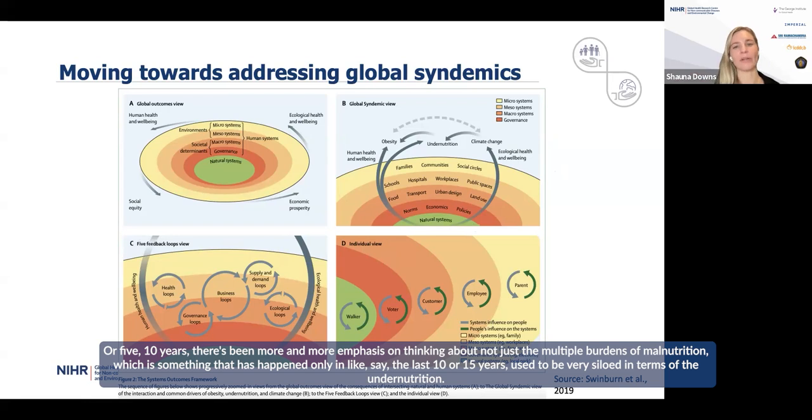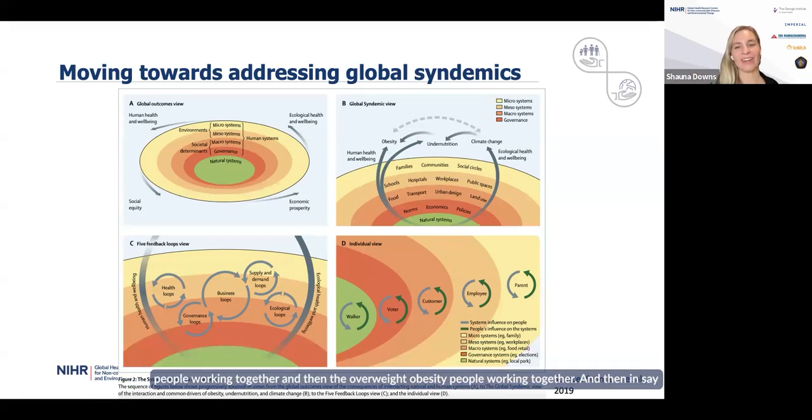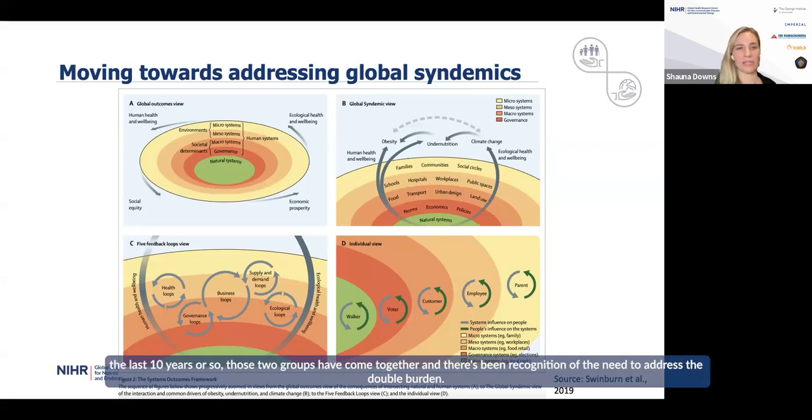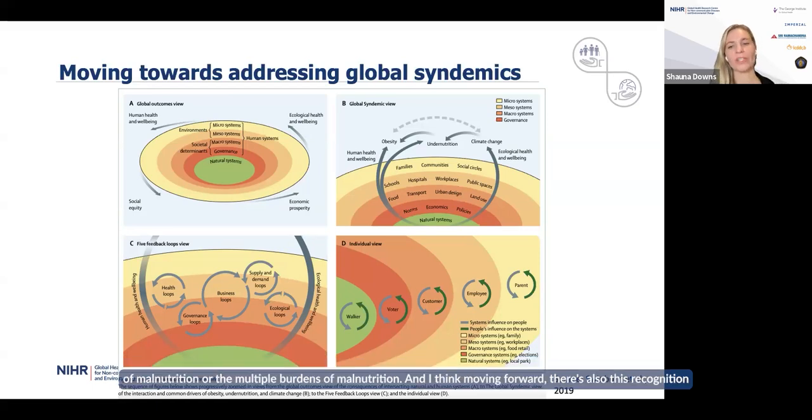It used to be very siloed, with the undernutrition people working together, and then the overweight and obesity people working together. In the last 10 years or so, those two groups have come together, and there's been recognition of the need to address the double burden of malnutrition or the multiple burdens of malnutrition.